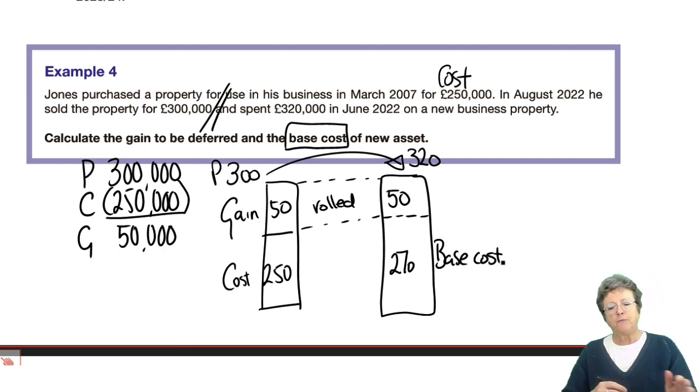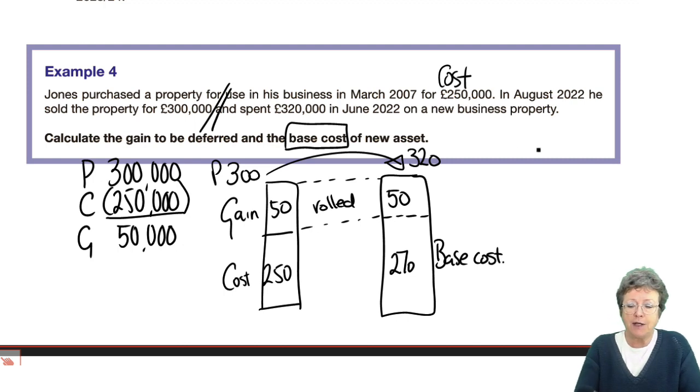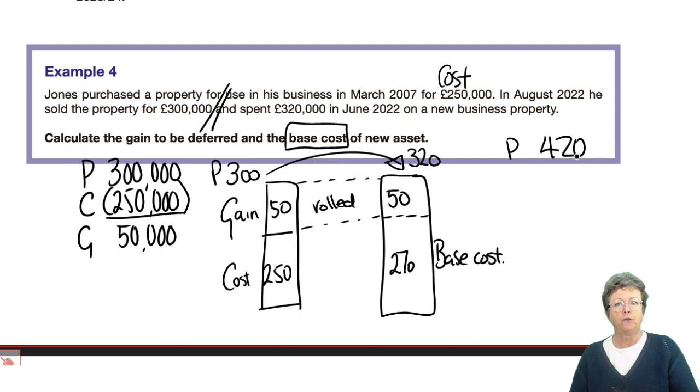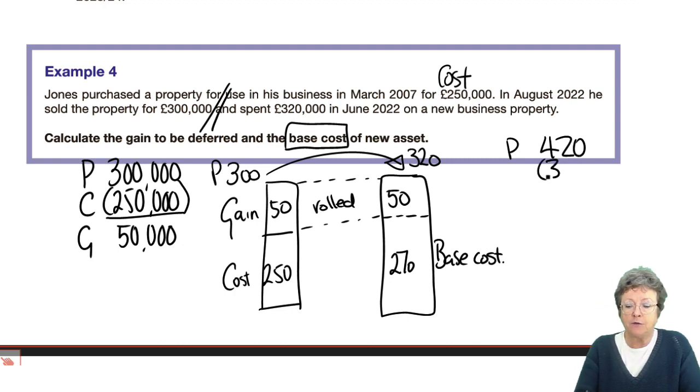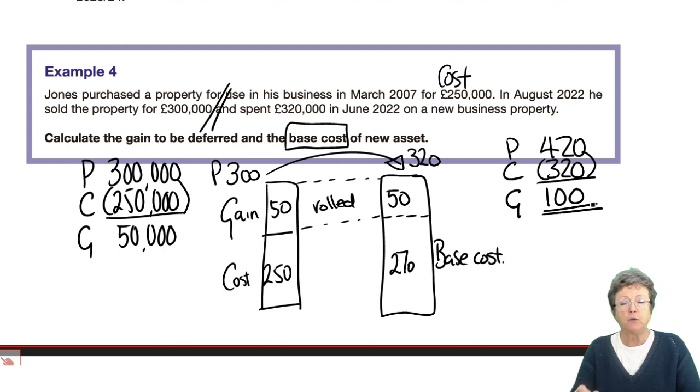Now, let me give you an example to show you how this kind of works. If in the future he decides to sell this for £420,000, if this had been on its own, separate, and it hadn't got anything rolled over into it, then the gain on the sale of that property would have been £100,000.